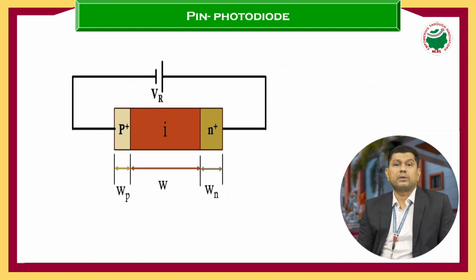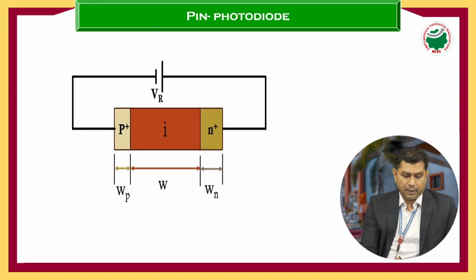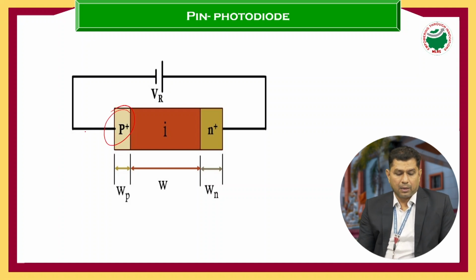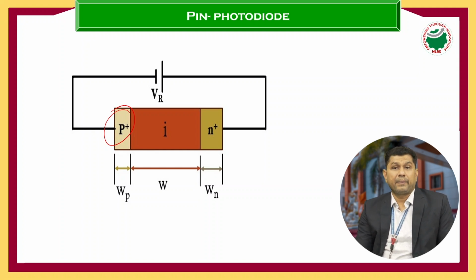Next, we will discuss its working. Here, on the P side, you observe we kept a plus symbol. What is the meaning of this plus? The P side is heavily doped. Whenever you dope heavily, the majority charge carriers, that is holes, are more available. On the N side, N plus is also heavily doped, so the majority charge carriers, electrons, are more available.